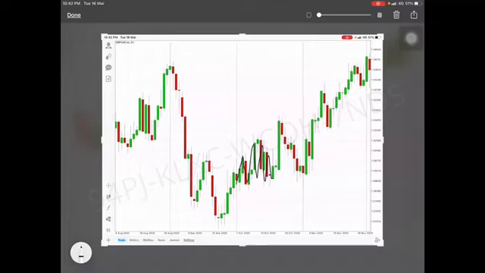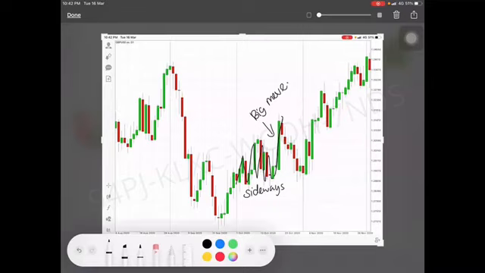Is it a sideways? This is a sideways. And there is a big movement. Okay?